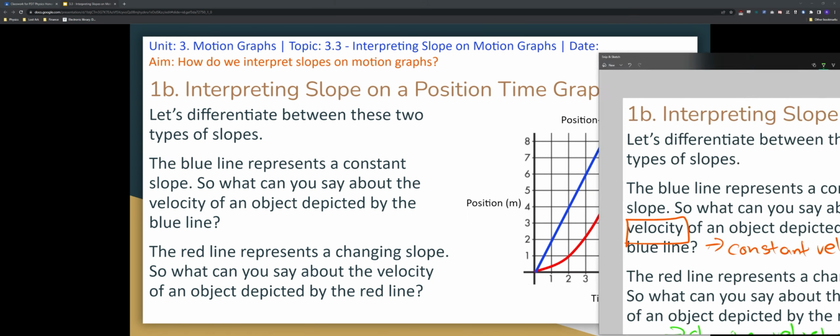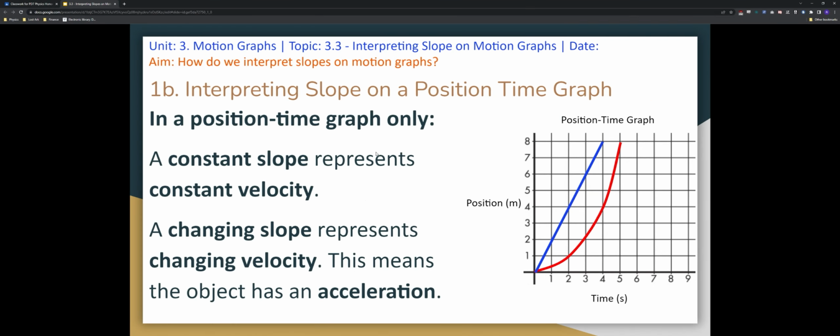So that's essentially the difference, and this is a summarization. In a position time graph only, a constant slope represents constant velocity. A changing slope represents changing velocity. And this means that the object has an acceleration.